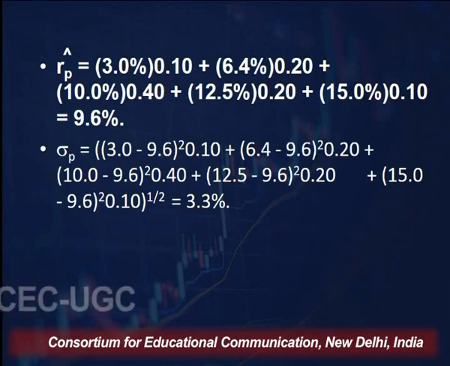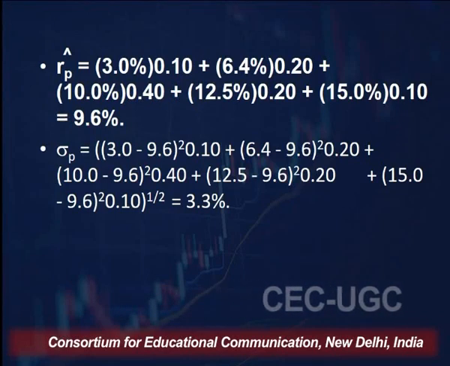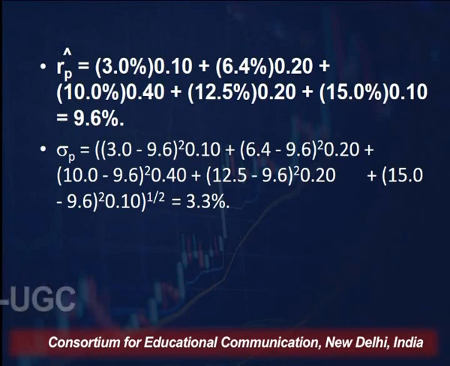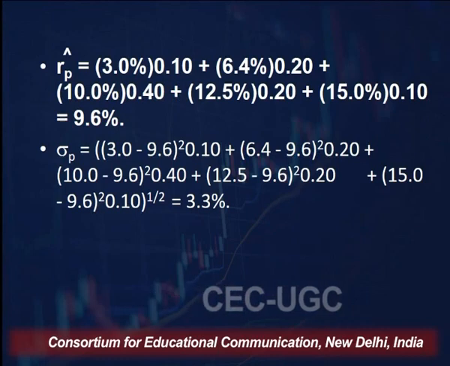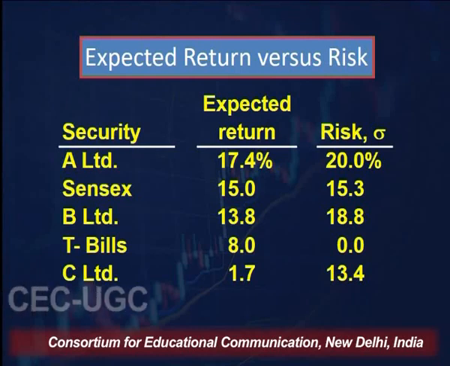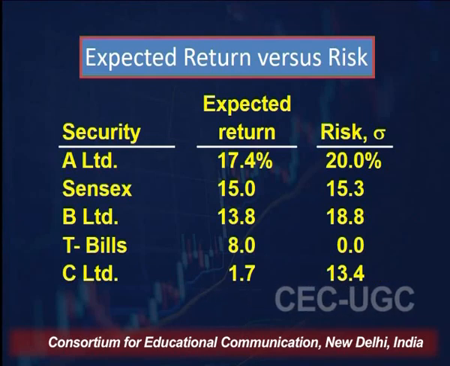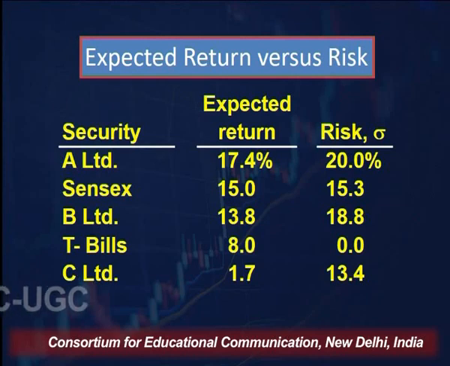Now 3.3%, that sounds very interesting to an investor, that wow, the risk has gone down, but how has this happened? If you actually see the portfolio which we created, we chose two securities, stock A and stock C. So let us go back to the risk. How much was the risk of A and C? As you can see on the screen, A Limited has a risk of 20% and C Limited has a risk of 13.4%.